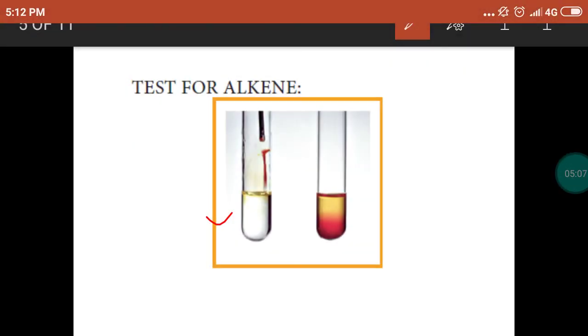It indicates that the given organic compound is an unsaturated compound. If there is no change in the color of bromine water, it is a saturated hydrocarbon or a saturated compound. So this is the test for alkenes. If the compound is an unsaturated one, the color of bromine water will disappear. There will be a decolorization of the brown color of bromine water.